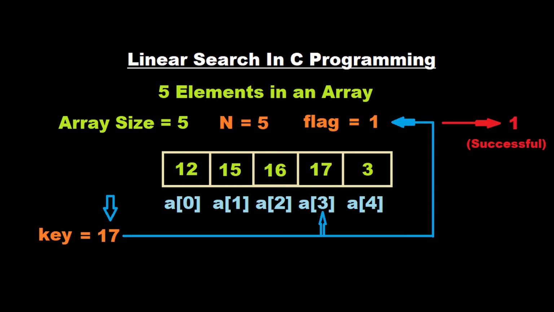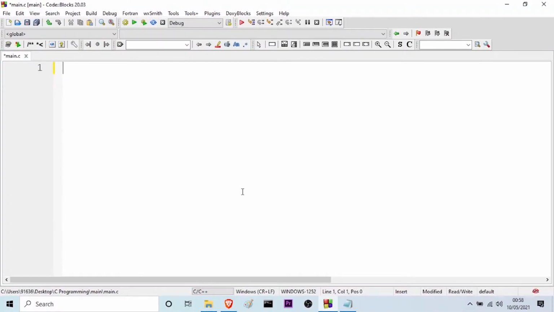Let us move on to the editor so that I can show you how to write the program and execute it. So now I will be moving on to the editor. So let's get started here as I am in my editor. First I will write a comment, Search, and I will close the comment box.